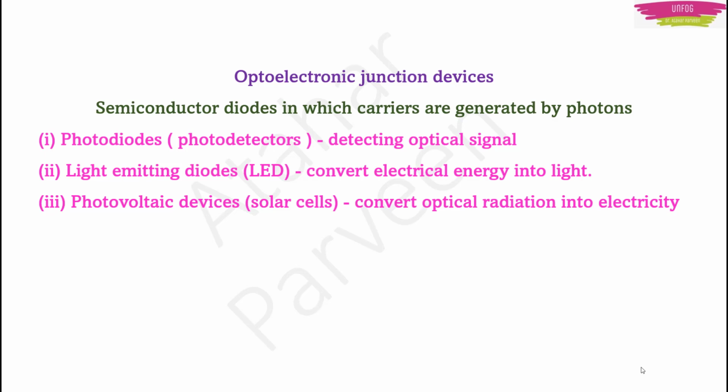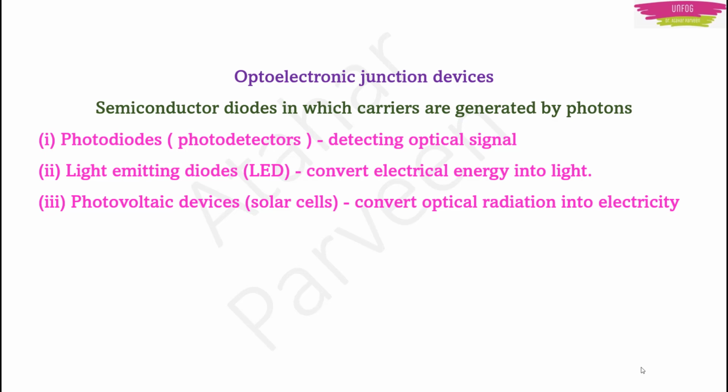Now, according to your syllabus also, there are three types of optoelectronic junction devices which we have to study. First is the photodiode. Basically, it is a photodetector. Photo means light, remember. It will detect an optical signal. Then the light emitting diode, the abbreviation is LED.